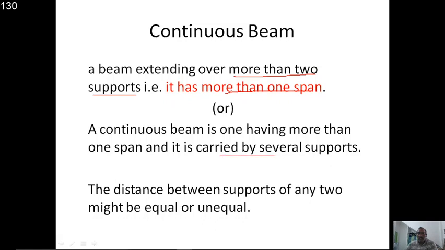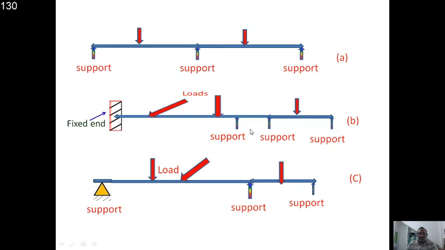That means it has several supports. A continuous beam has several, many supports, and the spans in between the supports might be equal or unequal. So this is an example of a continuous beam.